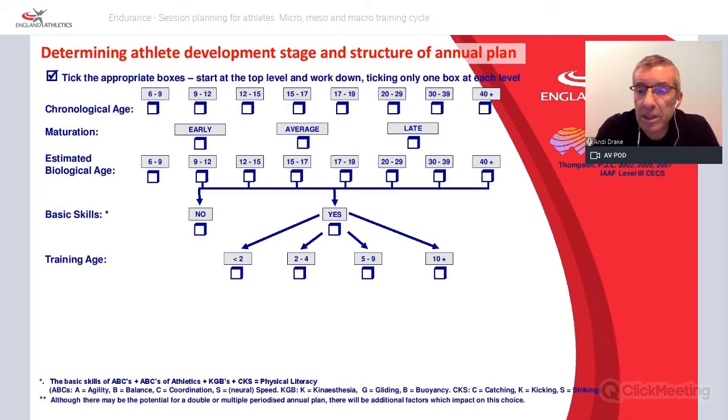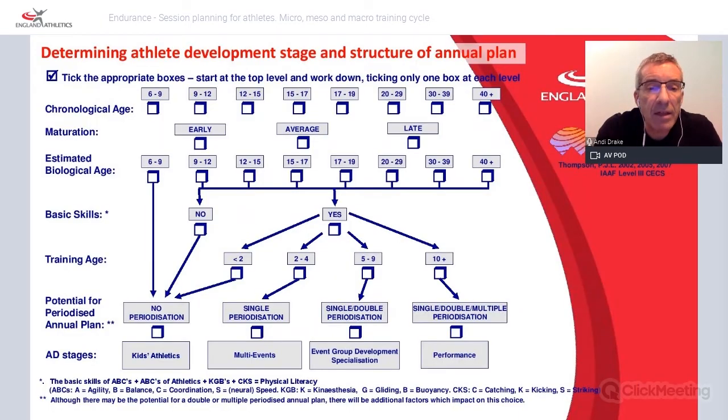We might also consider speed as part of that. So, do we have those basic skills? That's a yes/no question. And then we factor in the training age of the athlete. How many years have we spent training in athletics? And we can complete our model there.